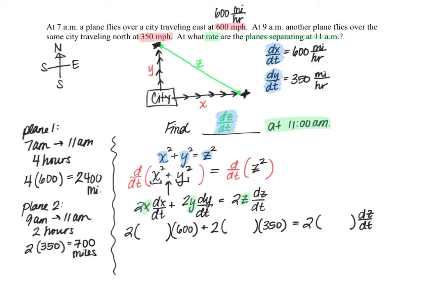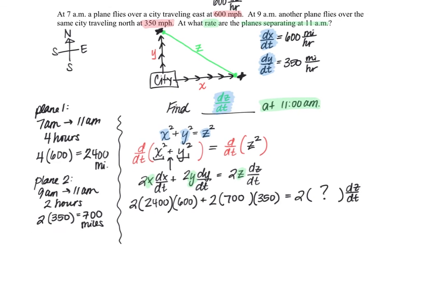So these are going to give us some actual distances that we can substitute in to our equation. So we know that x was the distance that the first plane had traveled. So at 11 a.m., it has traveled 2,400 miles, and then the second plane has traveled 700 miles, so y is equal to 700. However, we're still missing the value of z at this instant.